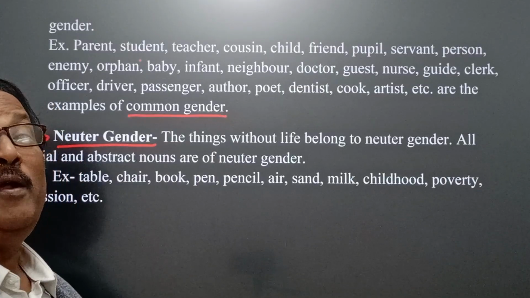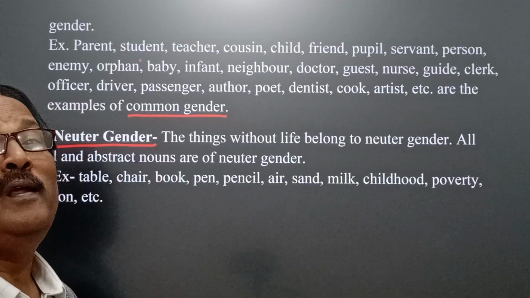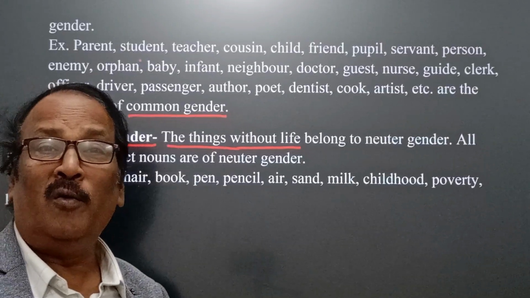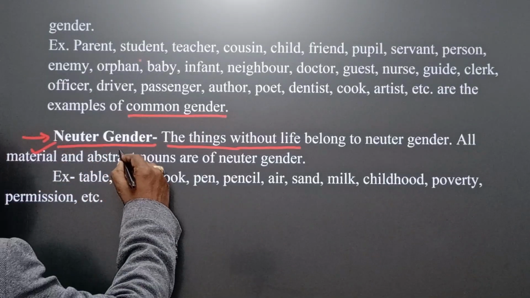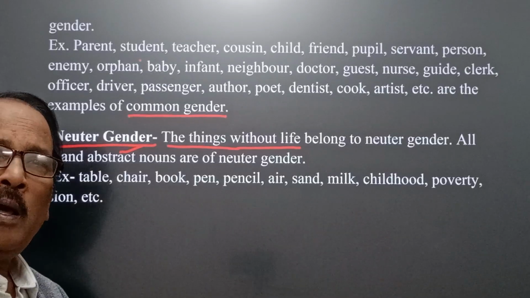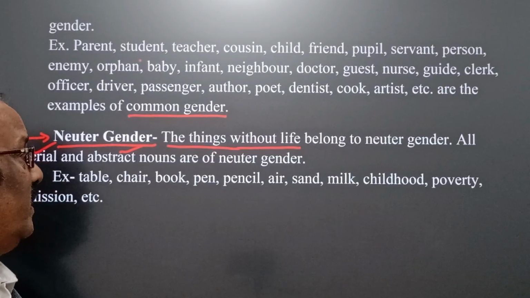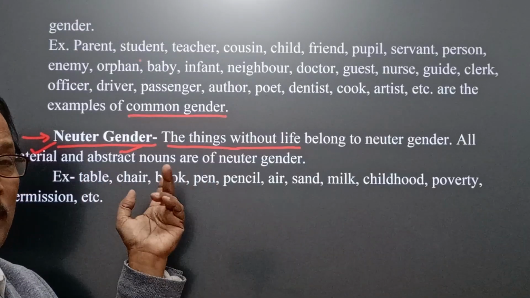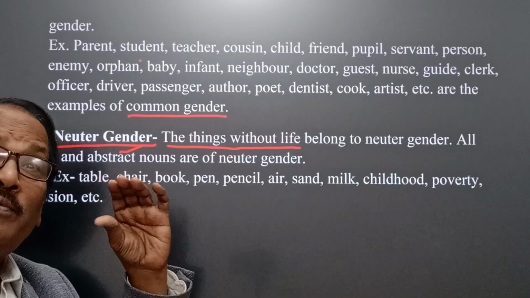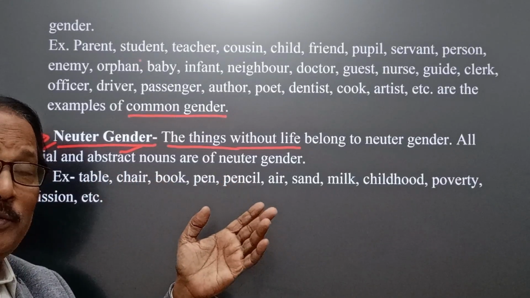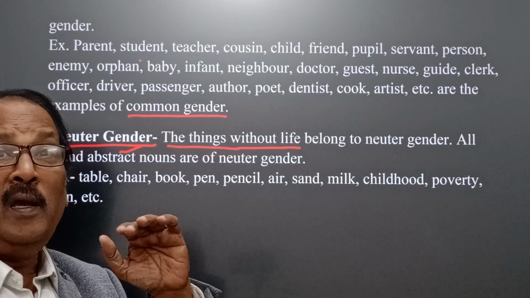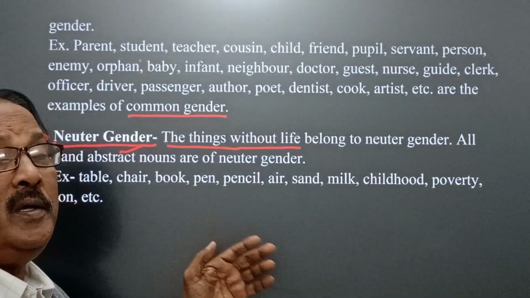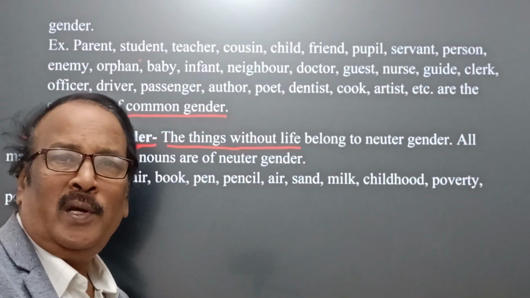Neuter gender. What do you mean by neuter gender? The question arises. Then see, things without life belong to neuter gender. So remember, all material and abstract nouns are of neuter gender. Yes, this is an interesting factor. All material, I mean lifeless things, and abstract nouns, it means abstract ideas indicating any action, any state or condition, any quality, are usually treated as neuter gender.